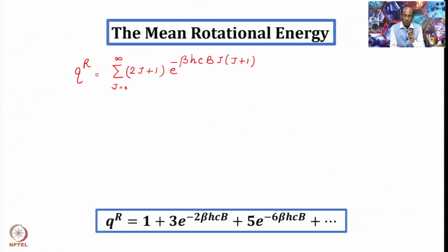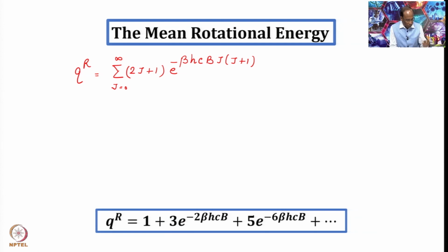Once again, the rotational partition function is given by summation, j starts from 0 to infinity, 2j plus 1 which is the degeneracy of the system, exponential minus beta h c B j into j plus 1, and j can vary from 0 towards infinity.